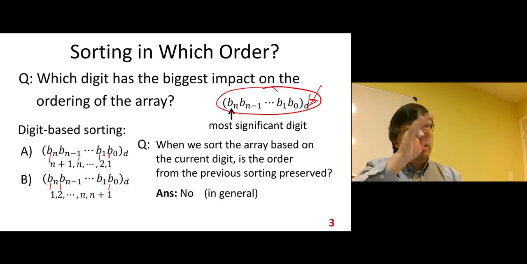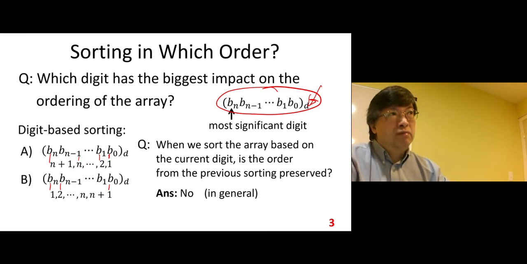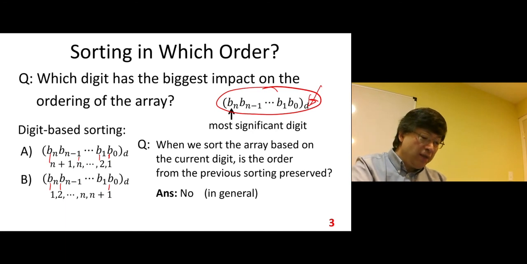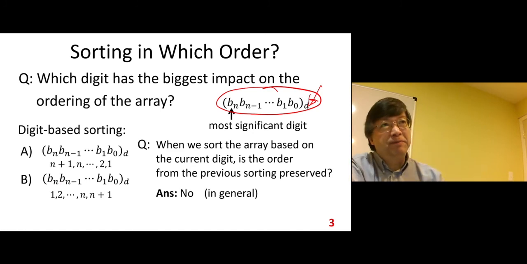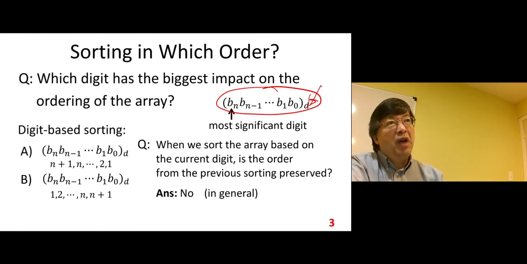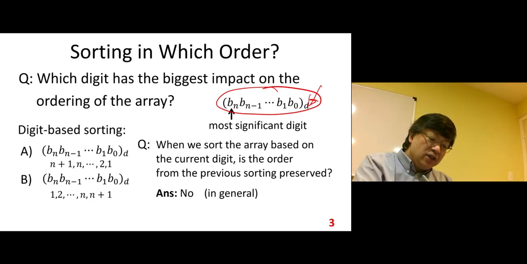Because you cannot preserve the order from the previous sorting, let's look at which way is better. Sorting based on which digit gives us the biggest impact on the final order? Think about this.